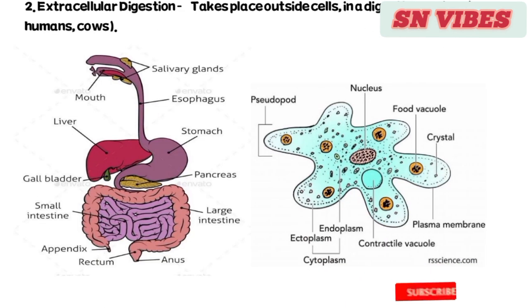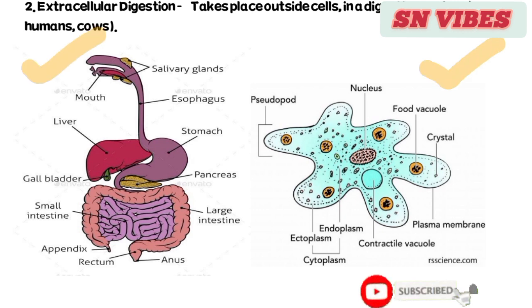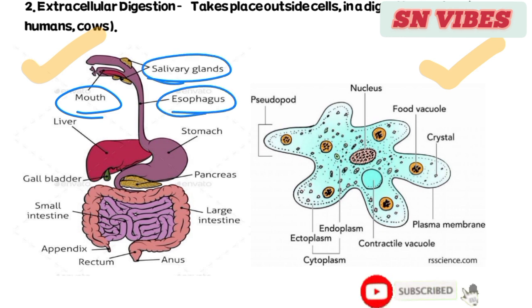Here you can see a picture of the human digestive system and amoeba digestion. I'll go through it once. What are the parts present in the human digestive system? First, an overview: there is the mouth, salivary glands inside the mouth, the esophagus and the stomach.